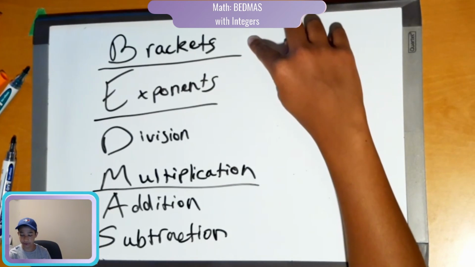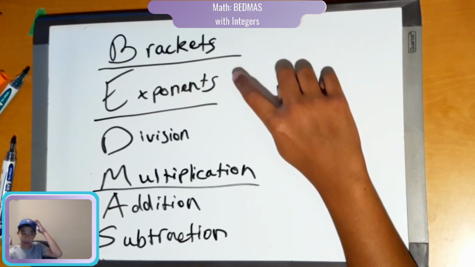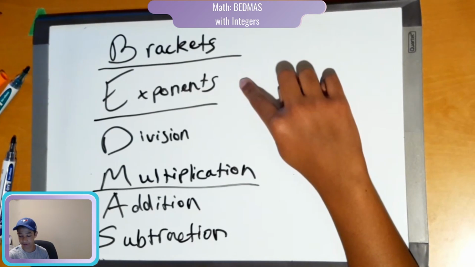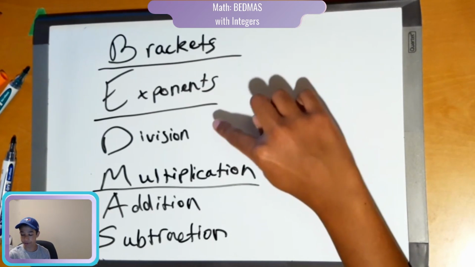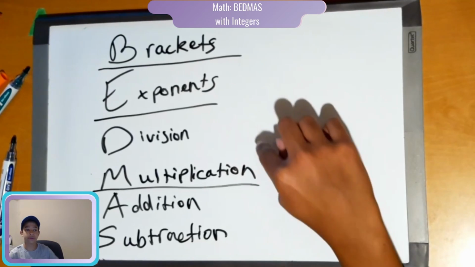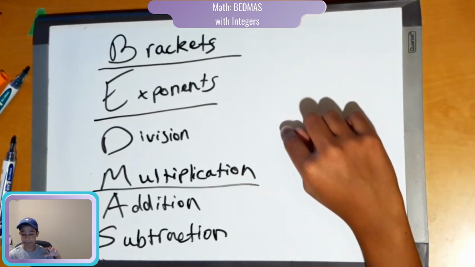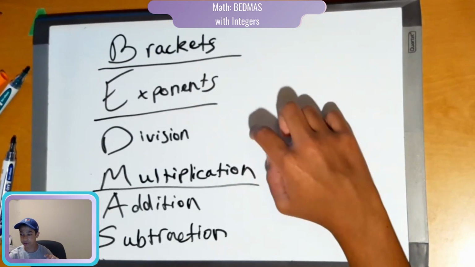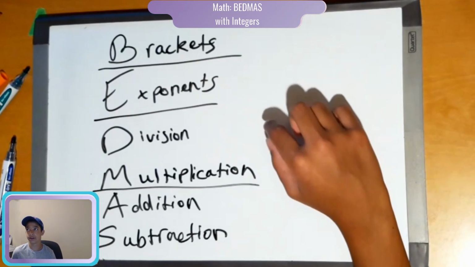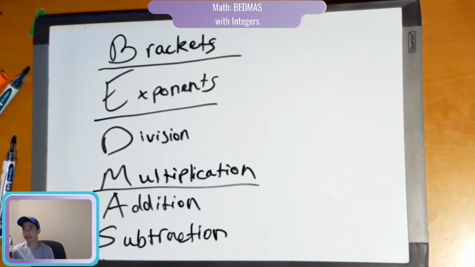The next thing you do is you eliminate all the exponents. The next thing you do is you divide and multiply. You do this in the order of the equation because these are at the same stage. So even if you have like 6 times 3 divided by 4, the 3 divided by 4 does not come first.